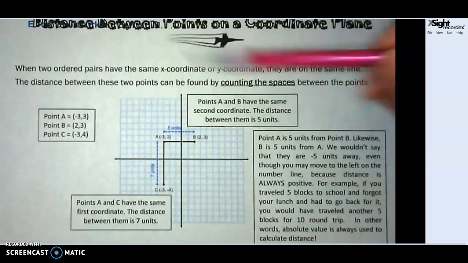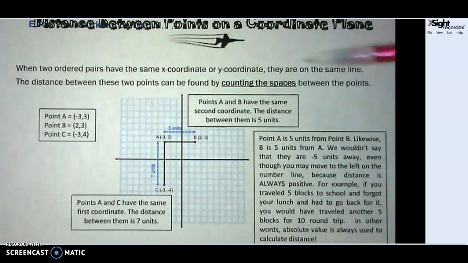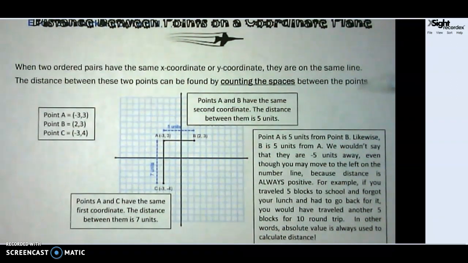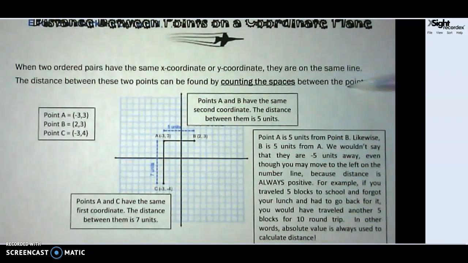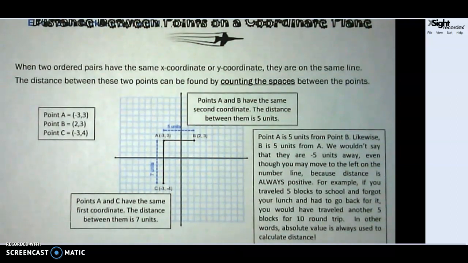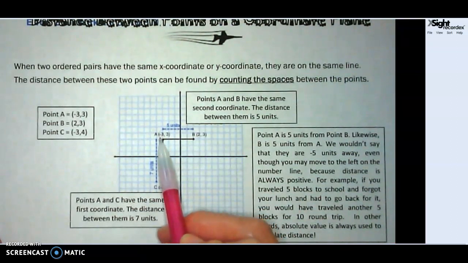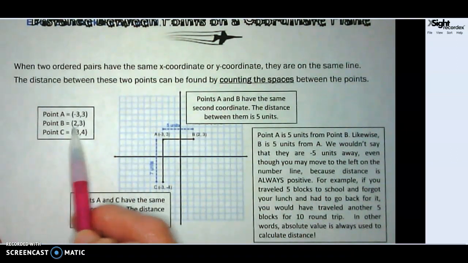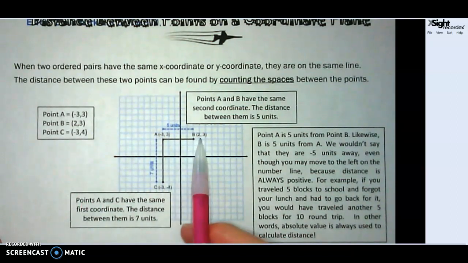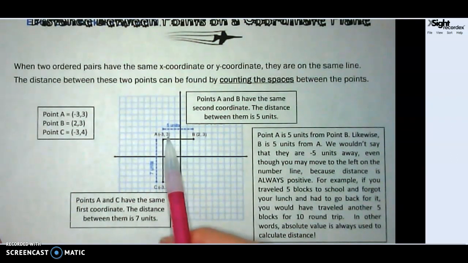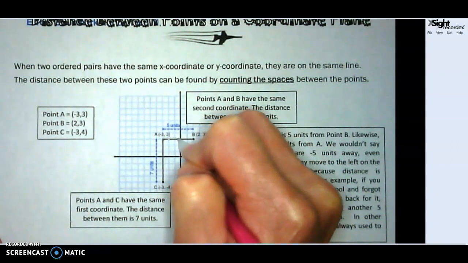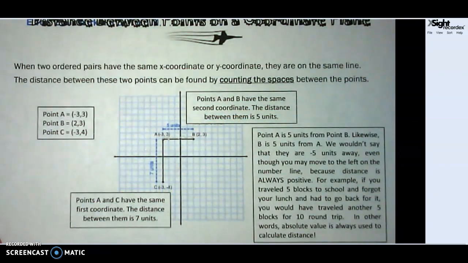It says when two ordered pairs have the same x or y coordinate, they're on the same line. The distance between these two points can be found by counting the spaces between the points. Well, that's super easy if you have a grid. Point A is -3, 3. Point B is 2, 3. Here they are plotted out. It's easy enough for us to count the distance: 1, 2, 3, 4, 5.